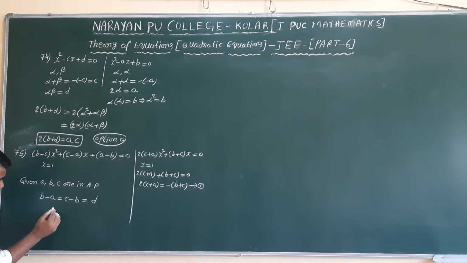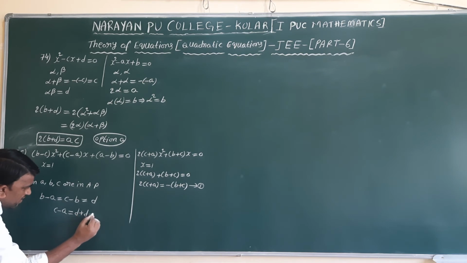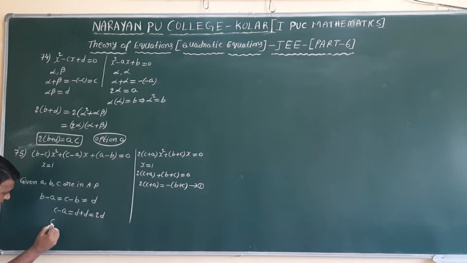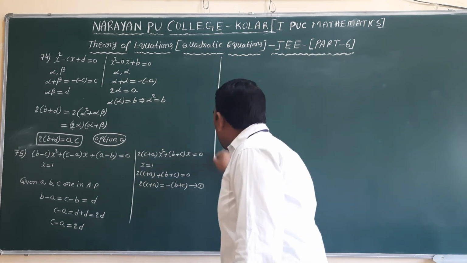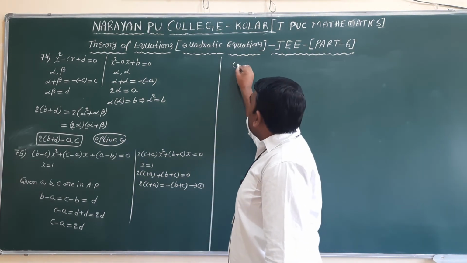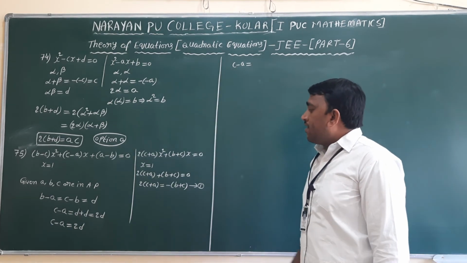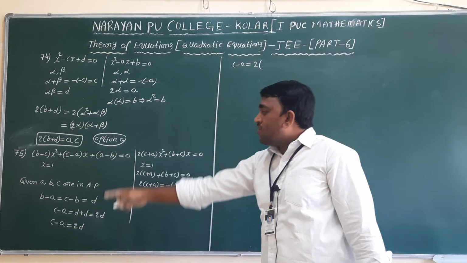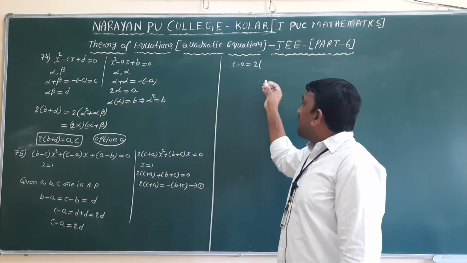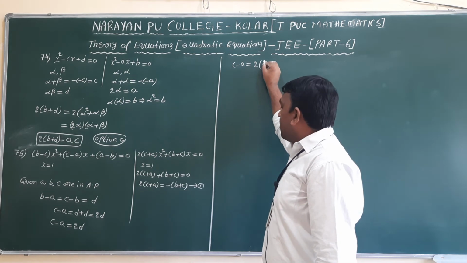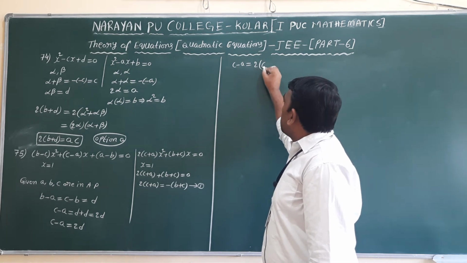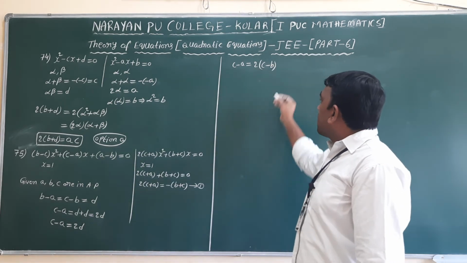Adding these two, if you want to get C minus A: C minus B plus B minus A, B cancelled, C minus A is nothing but D plus D, that equals 2D. So C minus A equals 2 into D. Also we can write either B minus A or C minus B. In place of C minus B, we can write B minus A here. Otherwise we will write C minus B.